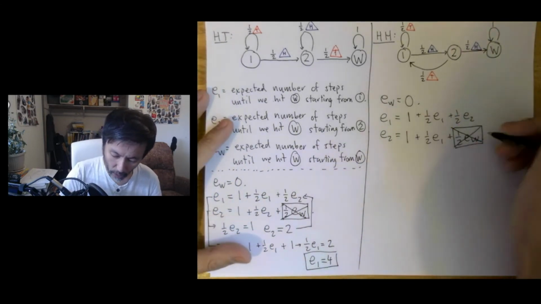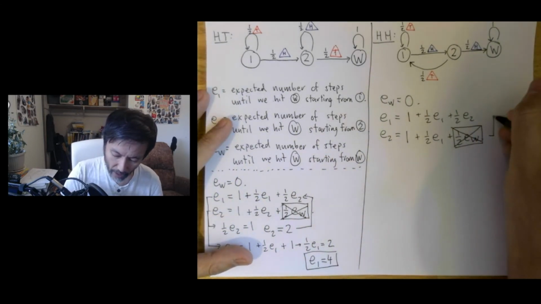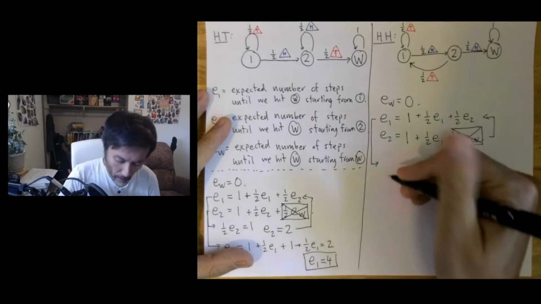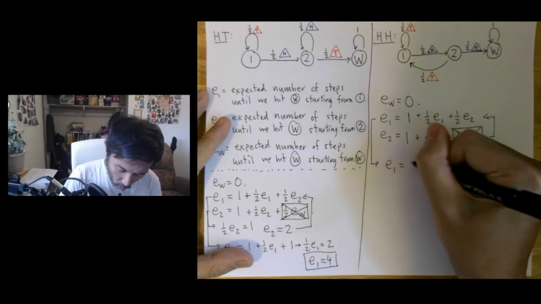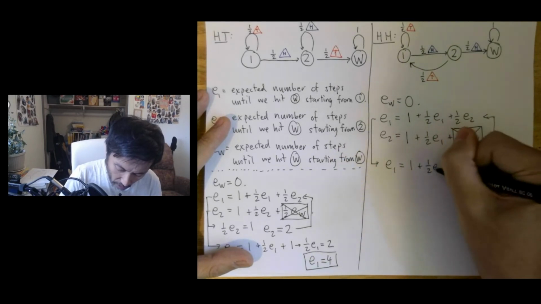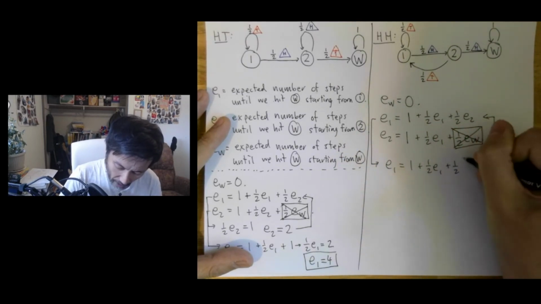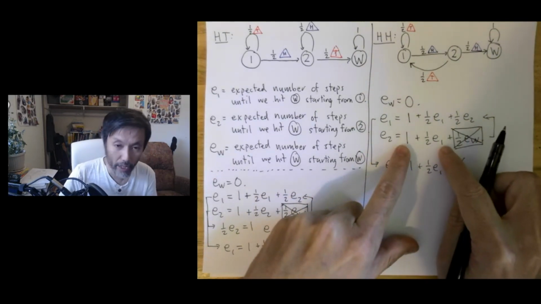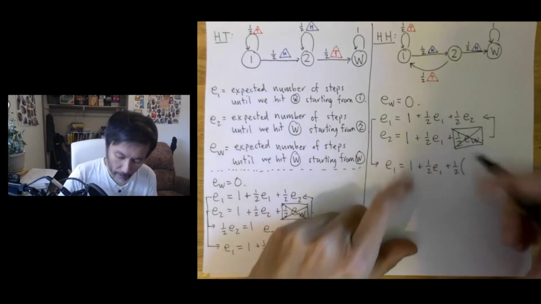We can just substitute this expression for E2 into this equation. If we do that, we learn that E1 is equal to 1 plus 1/2 E1 plus 1/2 times, now what I'm going to do is substitute this E2 right here by 1 plus 1/2 E1.